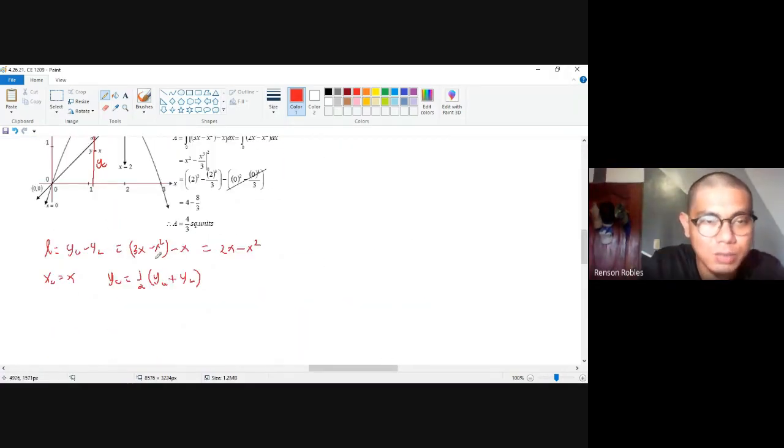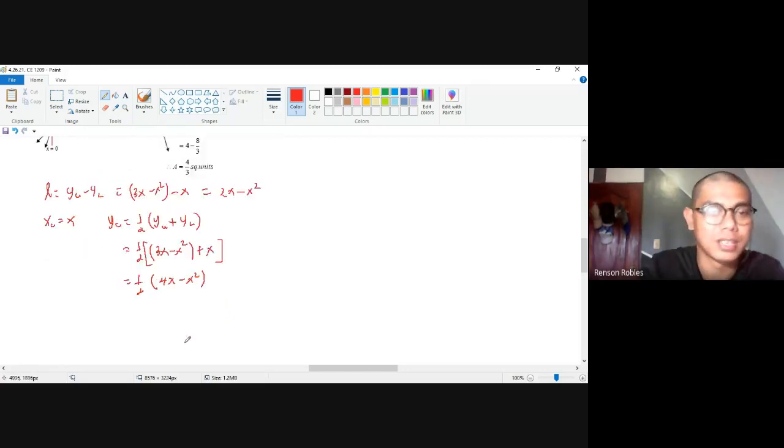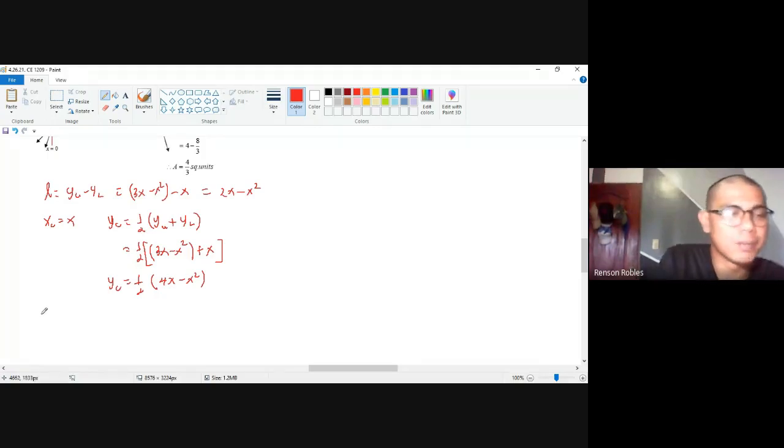Alright, so then what is with that y upper plus y lower? One half y upper is 3x minus x squared. This is the only thing we'll change. Plus x. So that's one half times 4x minus x squared. So that is our yc. And we now compute for the moment. Which one do you want to do first?